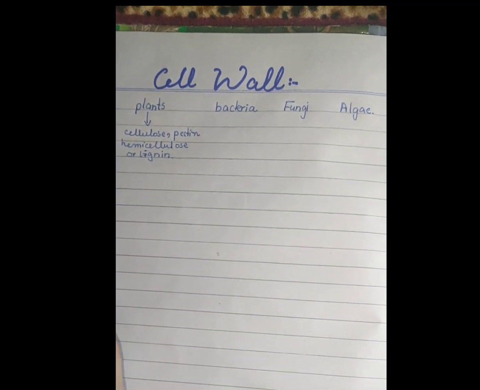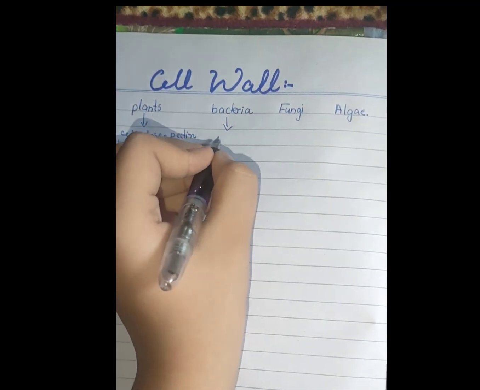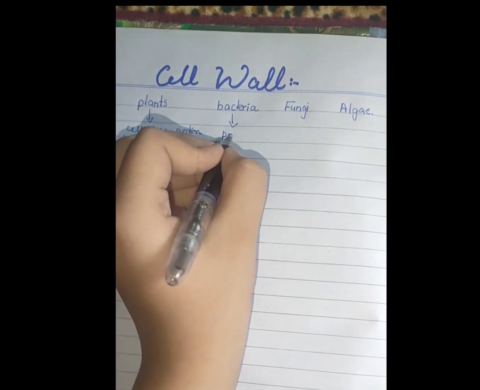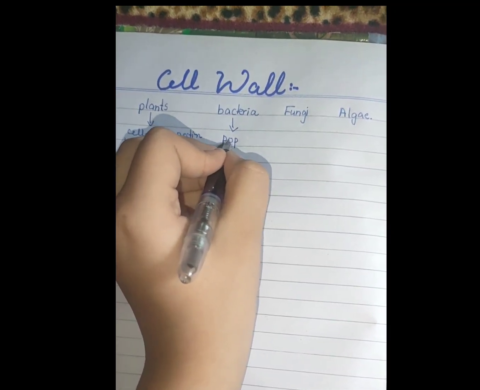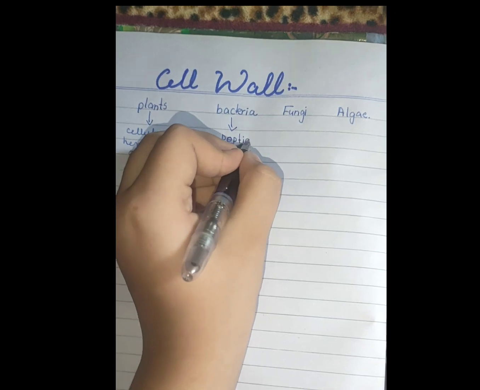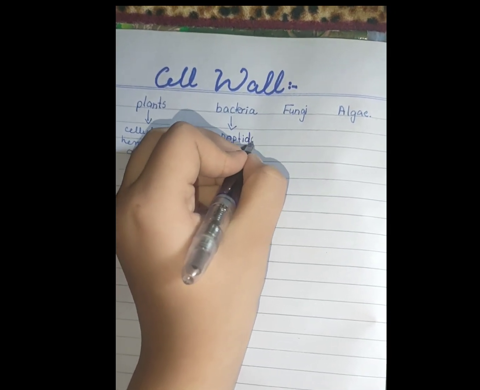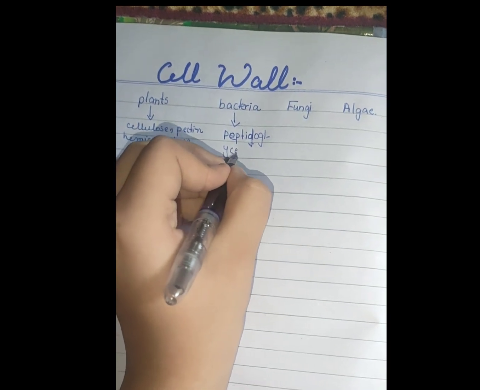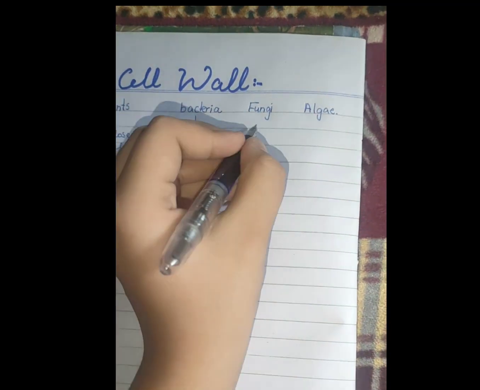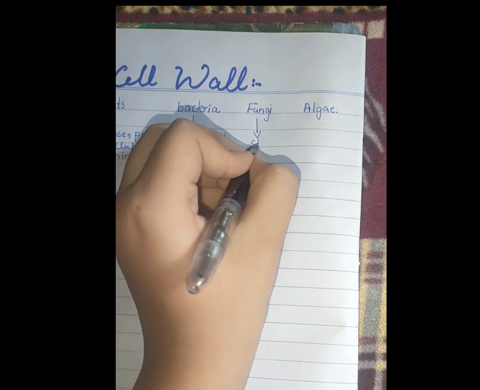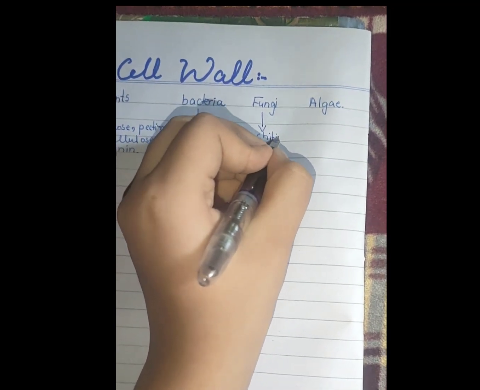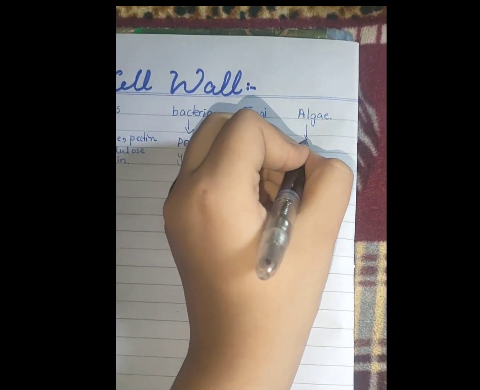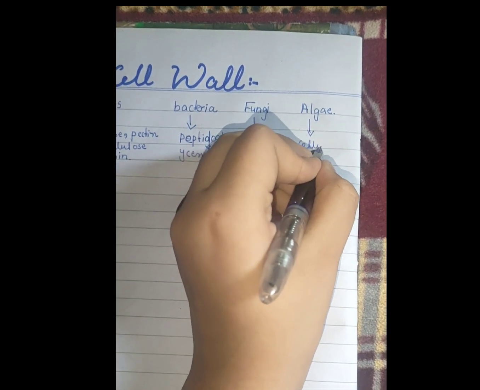Okay, and in bacteria the cell wall is made up of peptidoglycan. In fungi the cell wall is made up of chitin, while in algae the cell wall is made up of, again, cellulose.